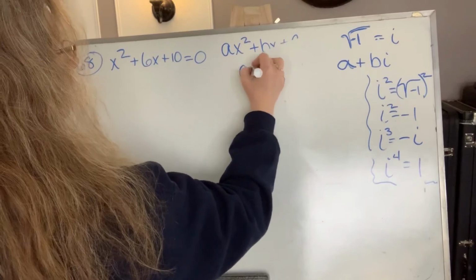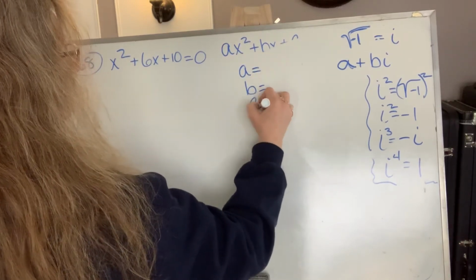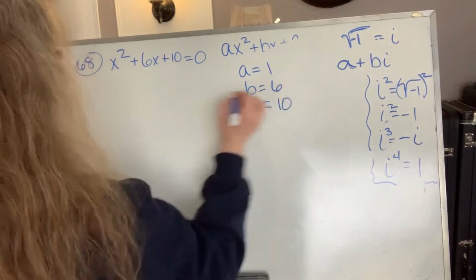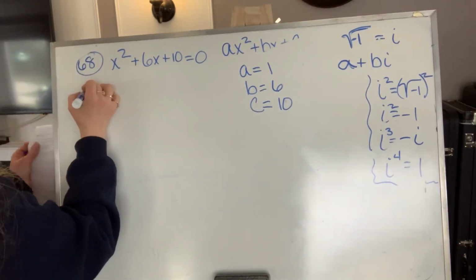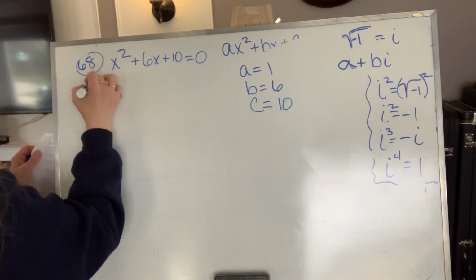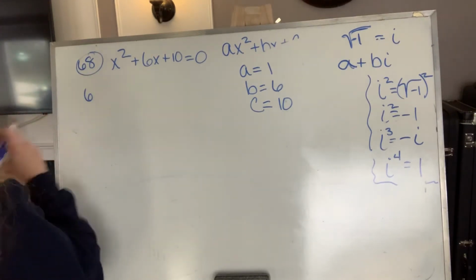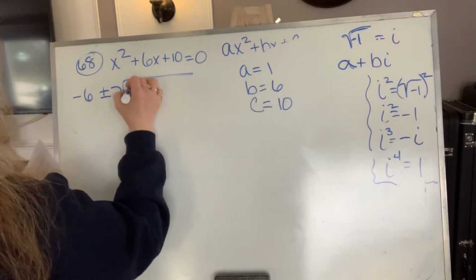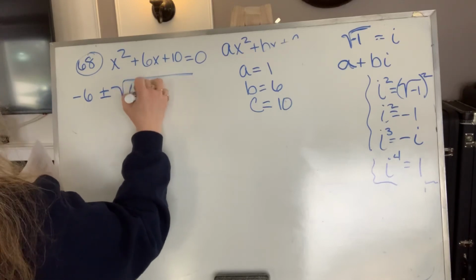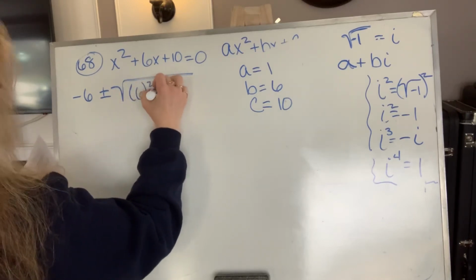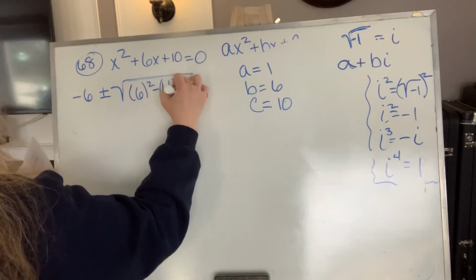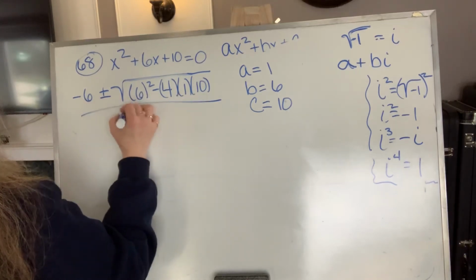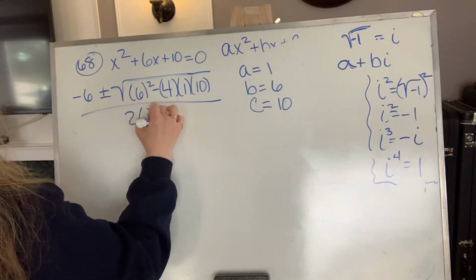So my a, b, c: a is 1, b is 6, c is 10. So it's the negative b plus or minus the square root of b squared, which is 6 squared, minus 4 times a times c, all over 2a.